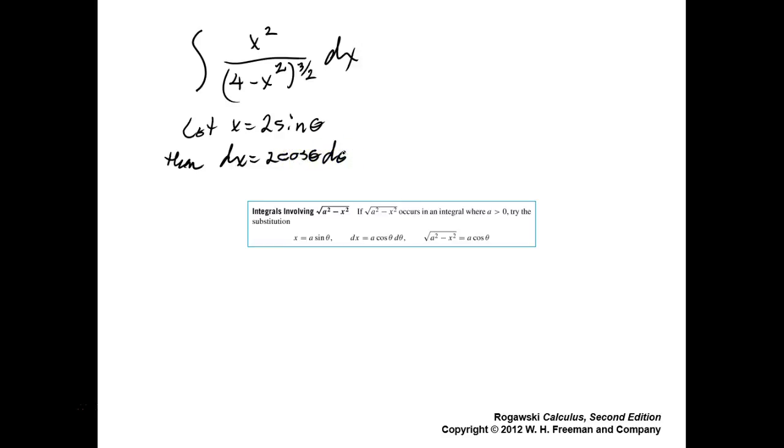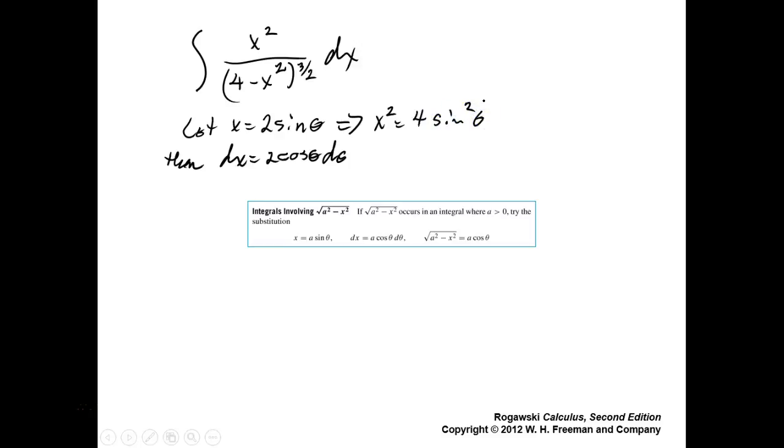Okay? Now, you might also want to do, since your x up here is not in terms of theta, you're trying to get the theta, but neither one of these are just x's, they're x squared, so let's figure out what that is. x squared is equal to 4 sine squared theta.